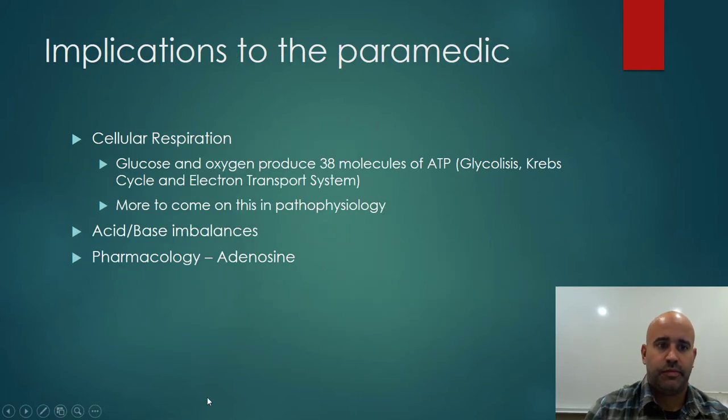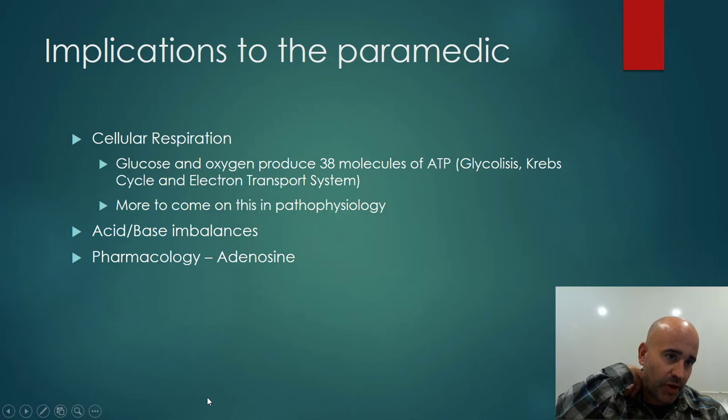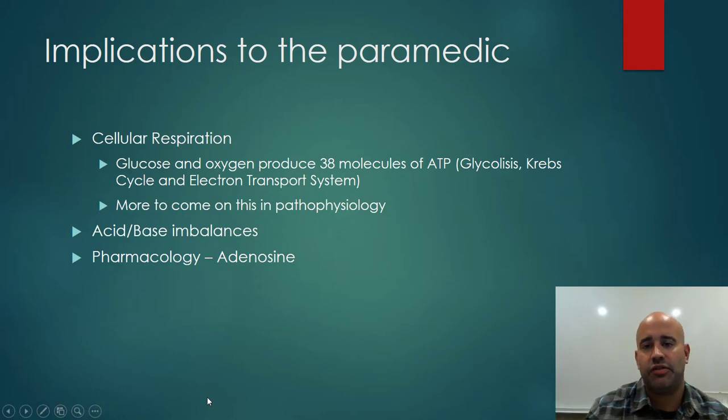All right. So when we talk about cellular respiration, and that lecture is coming to you next week on Monday, we talk about glycolysis, the Krebs cycle, and further the electron transport system. When that happens, it's creating 38 molecules of adenosine triphosphate.